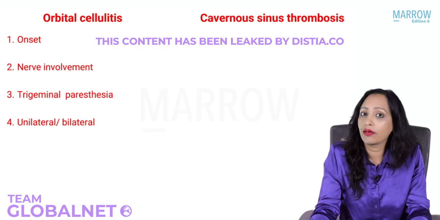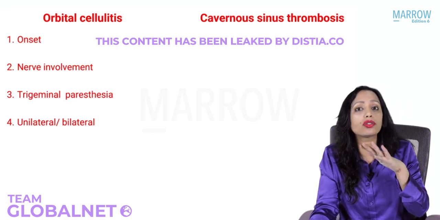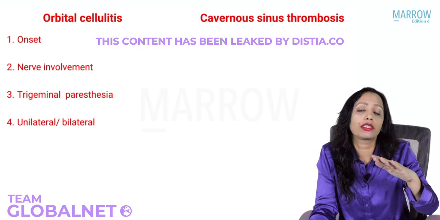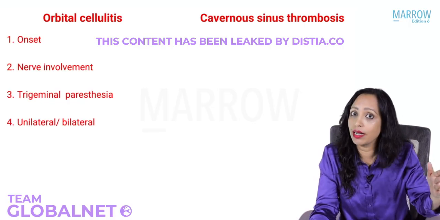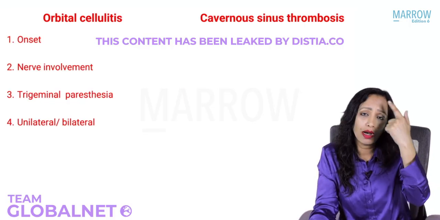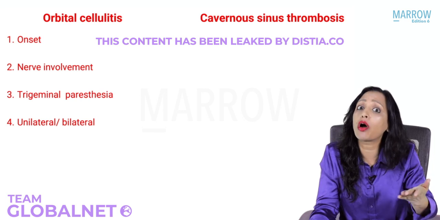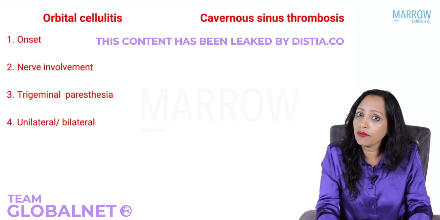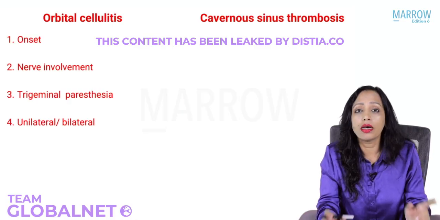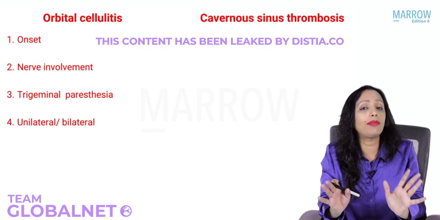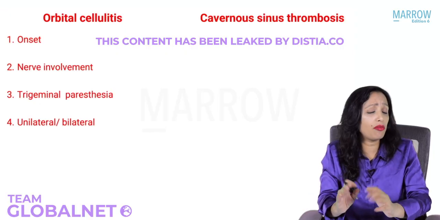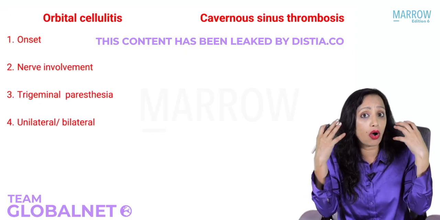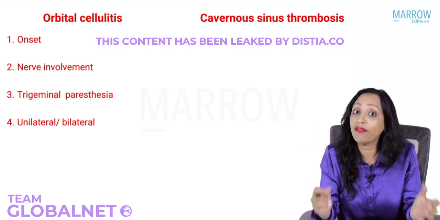Now in orbital cellulitis, as I told you, the orbital complications always progress from preseptal cellulitis then to orbital cellulitis. So first there will be a periorbital edema, then it will progress to orbital cellulitis, then orbital abscess, and later on there will be nerve involvement. Whereas in cavernous sinus thrombosis, the moment there is thrombosis, there will be concurrent involvement. It will be a very acute presentation. Immediately all the features of the eye will be present.